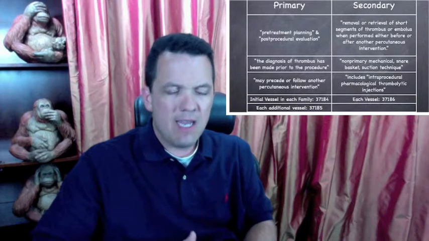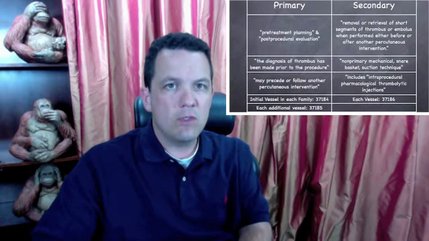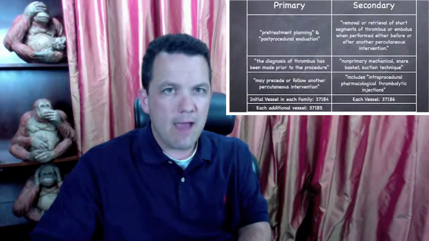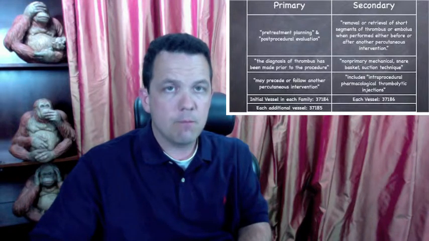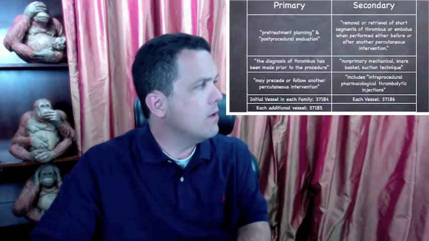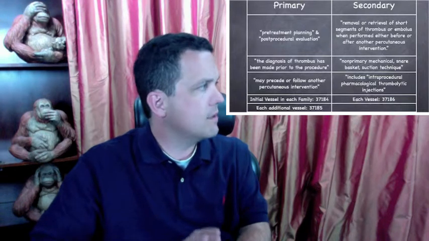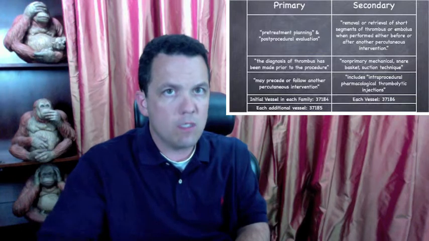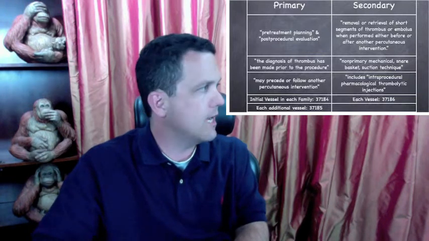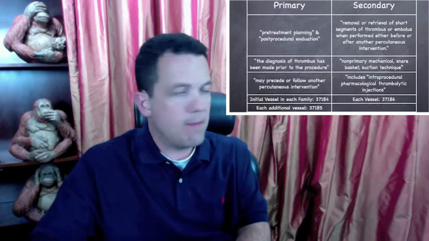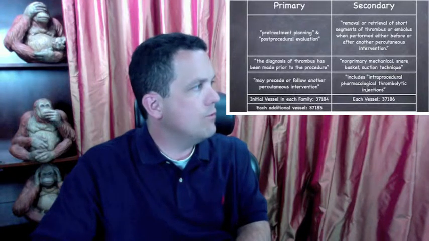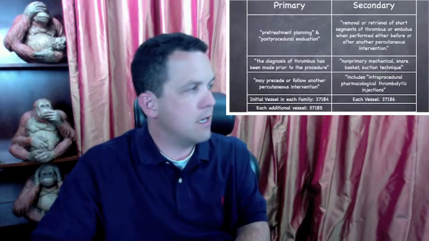The CPT book gives us rough guidelines as far as what is considered to be a primary thrombectomy as opposed to secondary. What they tell us is that with primary thrombectomy, there's typically going to be pre-treatment planning and post-procedural evaluation that's focused on the thrombectomy procedure itself. Whereas secondary thrombectomy is more specific to removal or retrieval of short segments of thrombus or embolus when performed either before or after another percutaneous intervention.